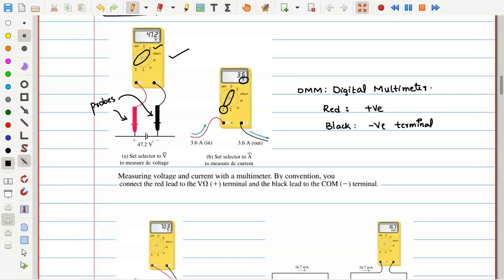Now, assume that this is a battery or cell whose voltage is 47.2. I want to check whether it is really showing 47.2 or not. And as I know clearly, the long side terminal of the battery is the positive polarity and the short side terminal is the negative polarity.